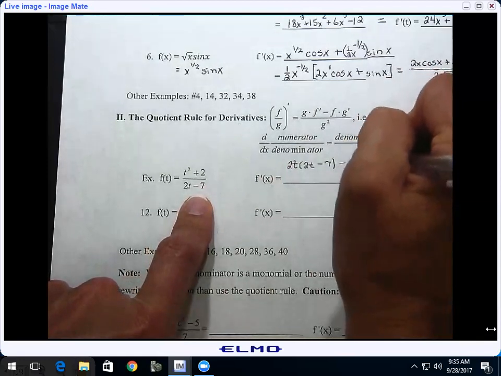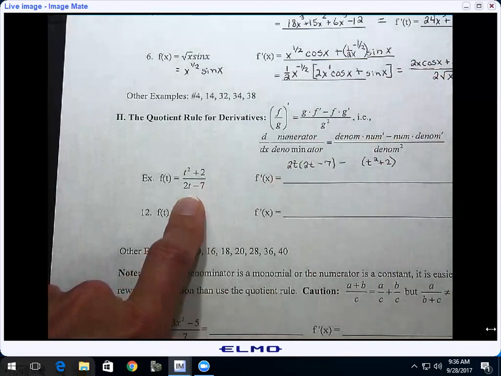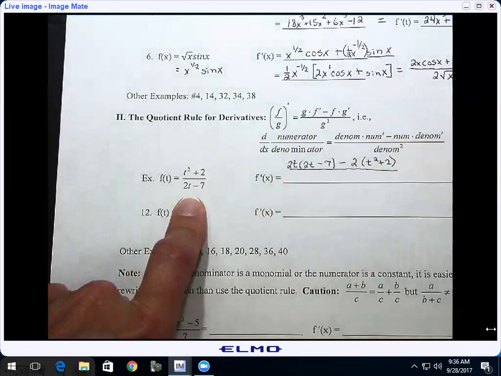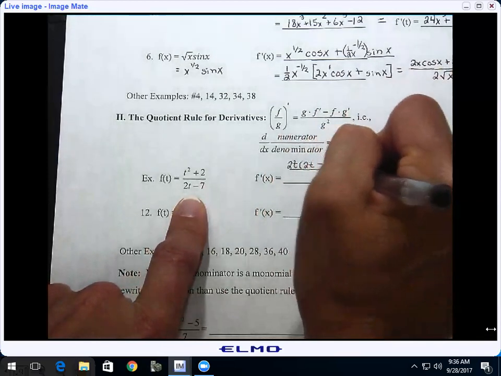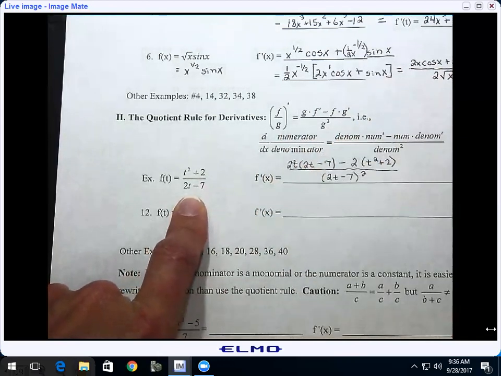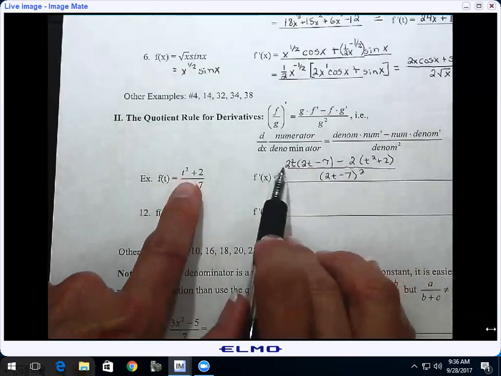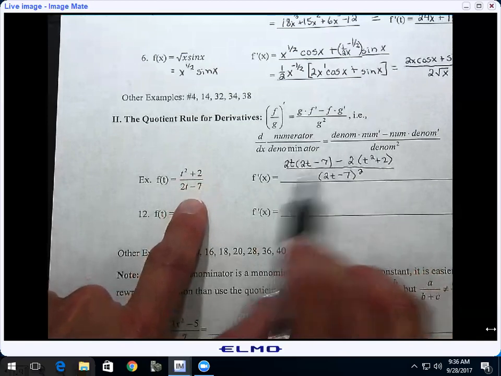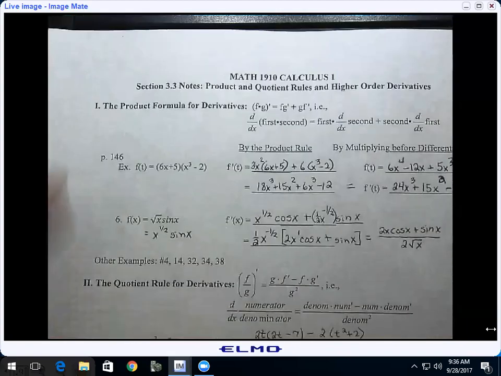Numerator, t squared plus 2, times the denominator's derivative, which is just 2, all divided by what? And then you check it real quickly. Denominator, derivative of the numerator, minus numerator, derivative of the denominator, over the denominator squared. That's right. I'm going to zoom in so you can see it better.